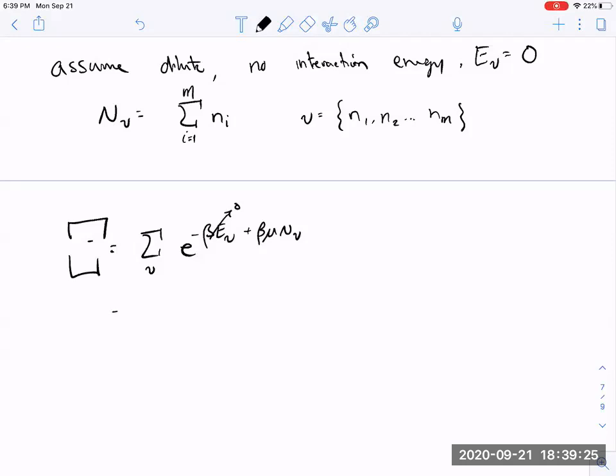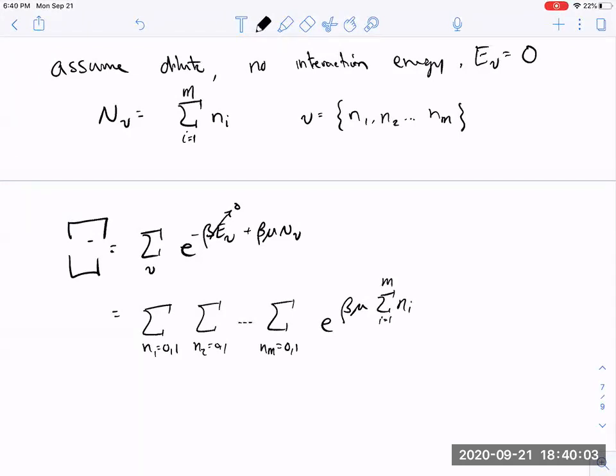Now, that microstate can be summed over by summing over cell 1 being 0 or 1, cell 2 being 0 or 1, all the way up to the nth cell being 0 or 1, all weighted by e to the beta mu times the sum over the number n_i from 1 to n.